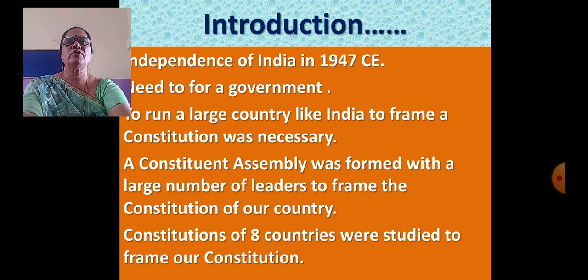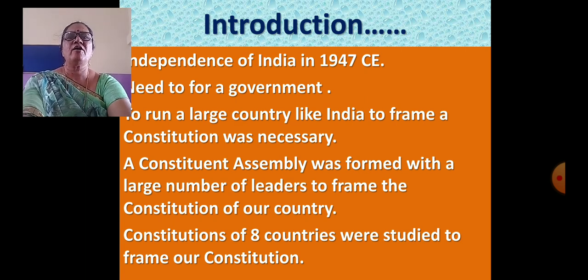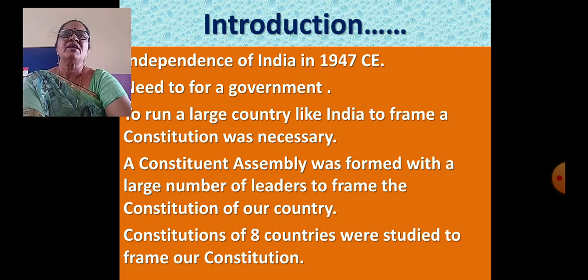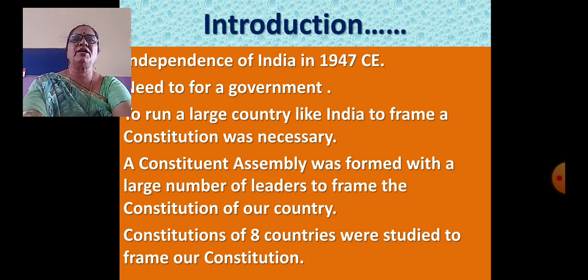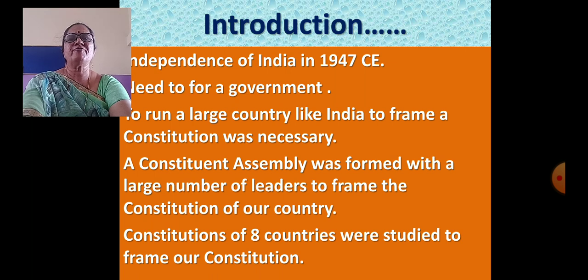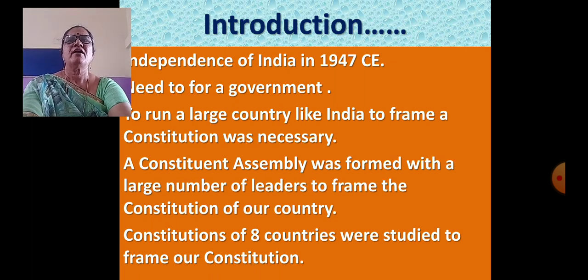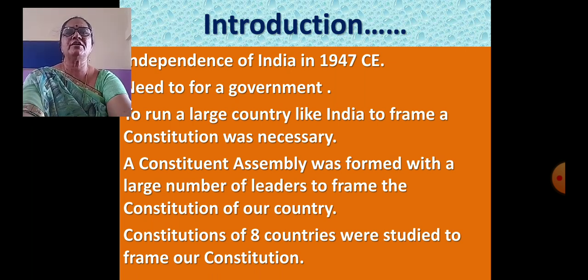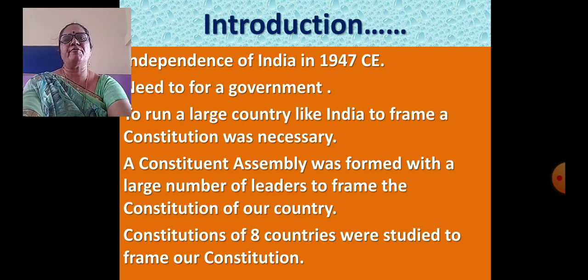We all know that our country, India, was a slave country and the Britishers were ruling over our country before independence. In 1947, we gained independence. After we gained independence, the leaders felt a need to form a government.